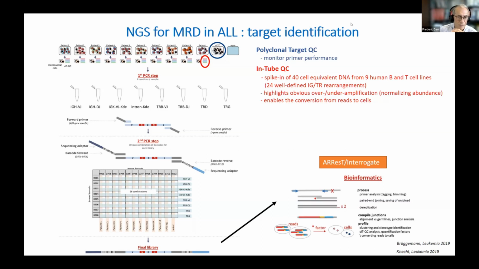And then in the second step, the barcodes and sequencing adapters are added, so you can distinguish the patients and the type of test which has been done. Importantly, there is always a polyclonal target, which is a mix of polyclonal cells from lymph node, tonsils, and blood, which can monitor primer performance.